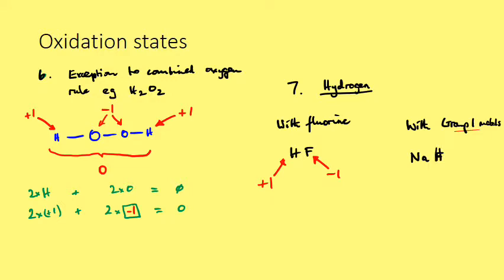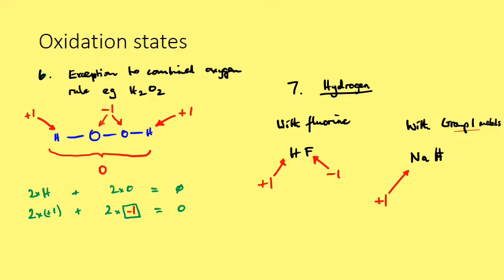That's NaH, sodium hydride. Sodium, of course, is very electropositive. It's got very little electronegativity, and so that is going to be our +1. If you refer back to your electronegativity table, the electronegativity of sodium is less than 1, and the electronegativity of hydrogen, I seem to remember, is 2.1.